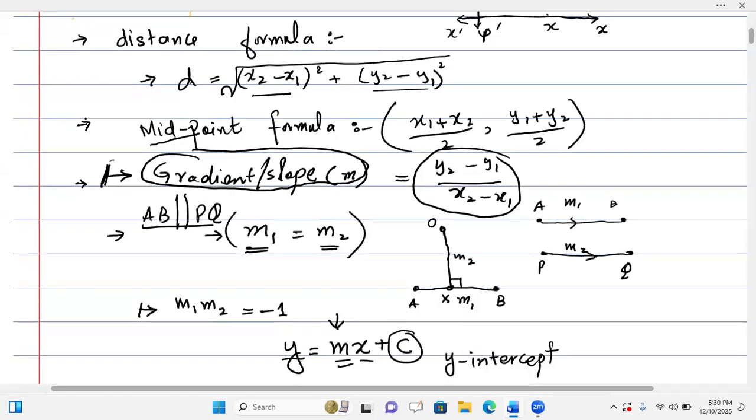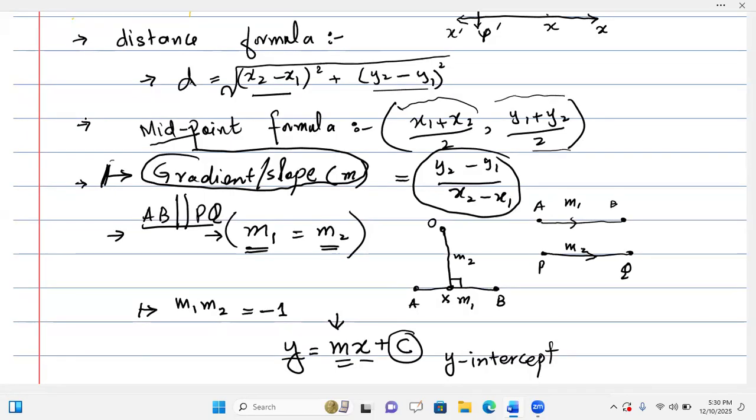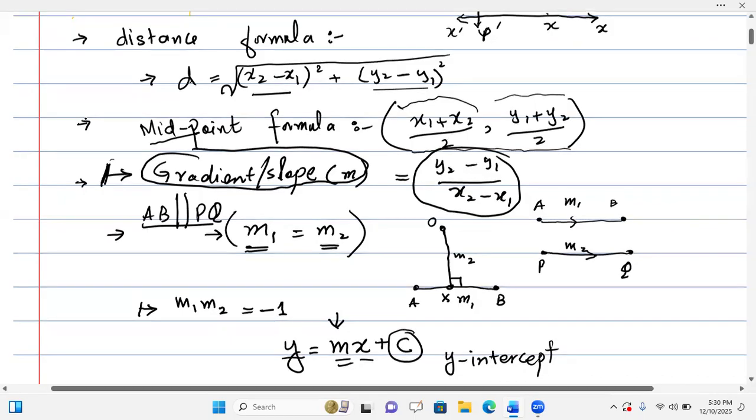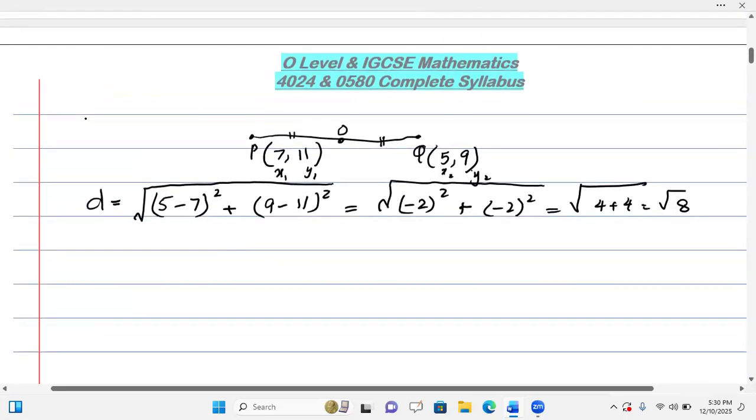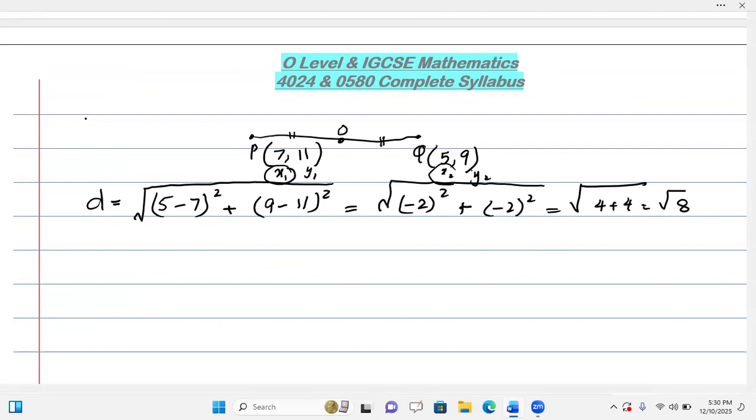The same case will be used here, where this is x1 and this is x2. Add both of them, so the midpoint equals (x1 plus x2) over 2 comma (y1 plus y2) over 2. Let's go for its calculation now.